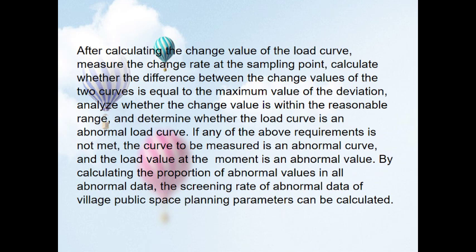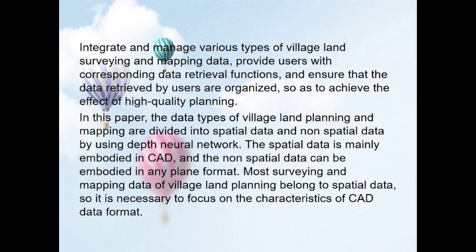Integrate and manage various types of village land surveying and mapping data, provide users with corresponding data retrieval functions, and ensure that the data retrieved by users are organized so as to achieve the effect of high-quality planning.